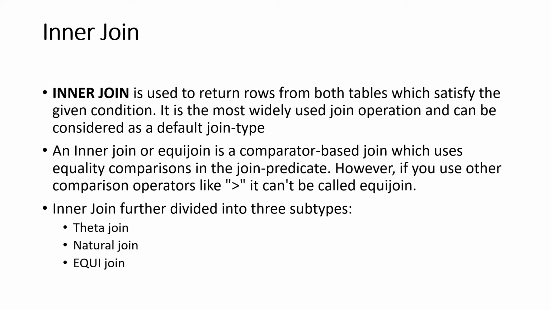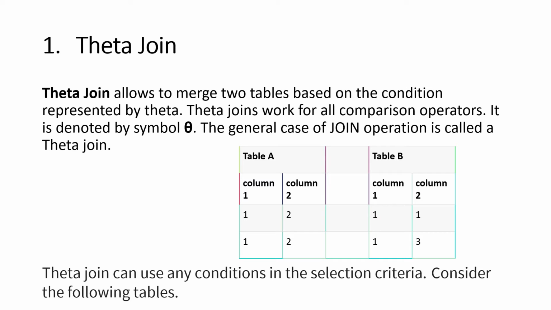But if we are using greater than, less than, greater equal, less equal, then we will say this is theta join. Okay, so we will have descriptions of the types of inner join, that is theta join, natural join, and equi join. Here the first type is theta join.